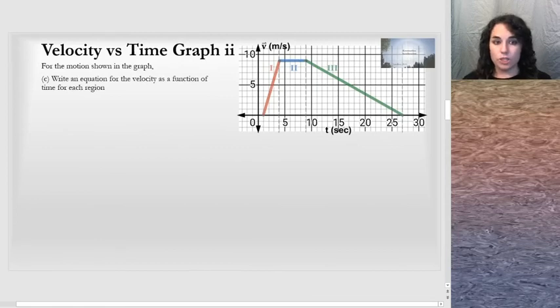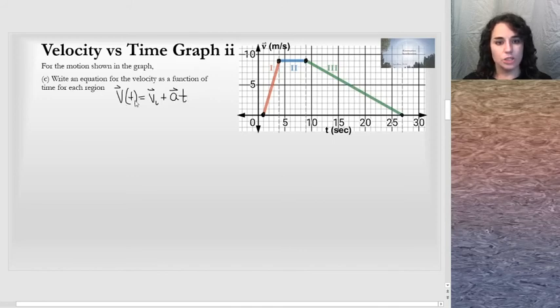A related question here asks to write an equation for the velocity as a function of time for each region. Oh, interesting. The velocity as a function of time for each region. Okay. So the equation for the velocity as a function of time is the initial velocity plus whatever was gained due to the acceleration.